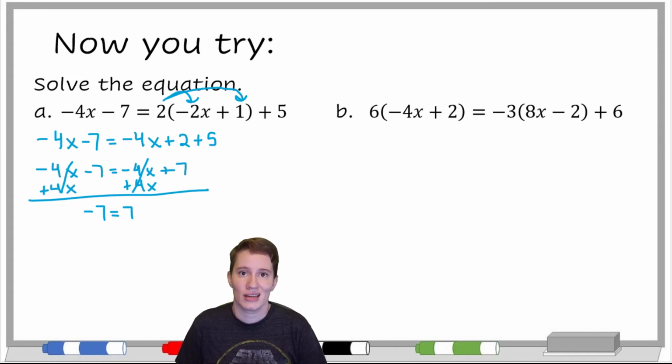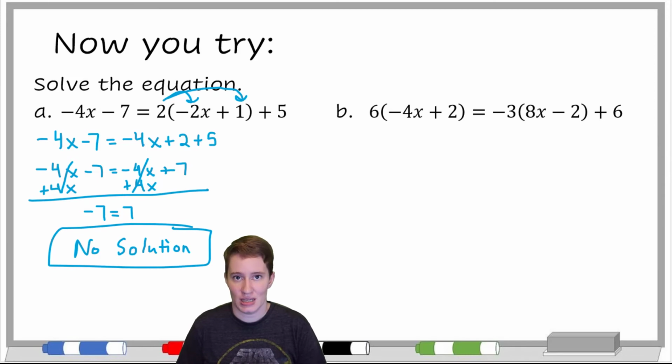This is one that could trick you, because you could drop a negative and have them be the same, or you could just not be paying attention, or you could accidentally convince yourself that negative 7 and positive 7 are actually the same thing, which they're not. You could pretty easily accidentally say this is all real numbers, but it's not. It's no solution, because negative 7 does not equal 7.